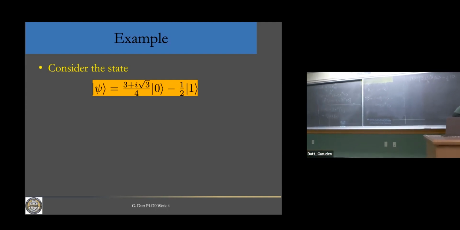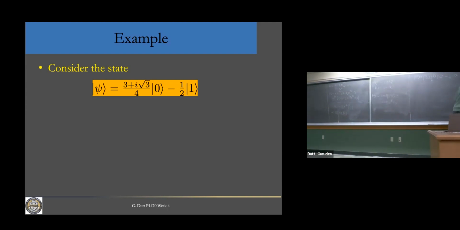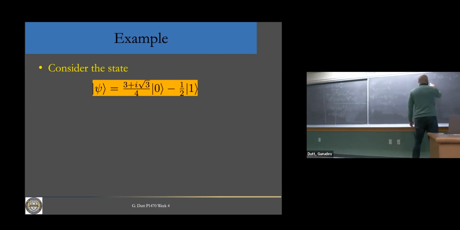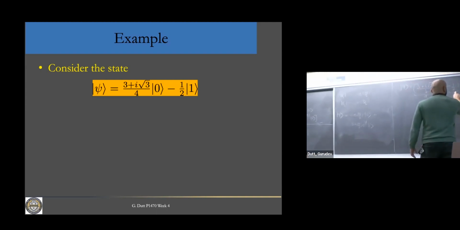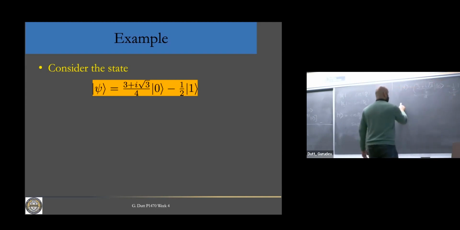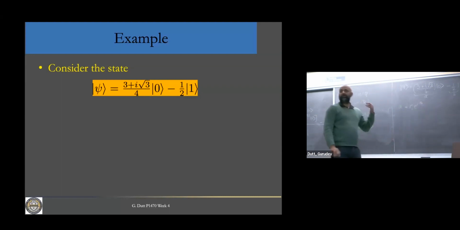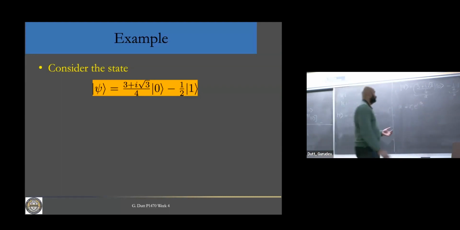So the general algorithm I already laid out for you for how to convert this, but let's go through it again. If this is A and this is B, I'm going to set A equals R1 e to the i theta 1. Okay, and I need to find R1 and theta 1.